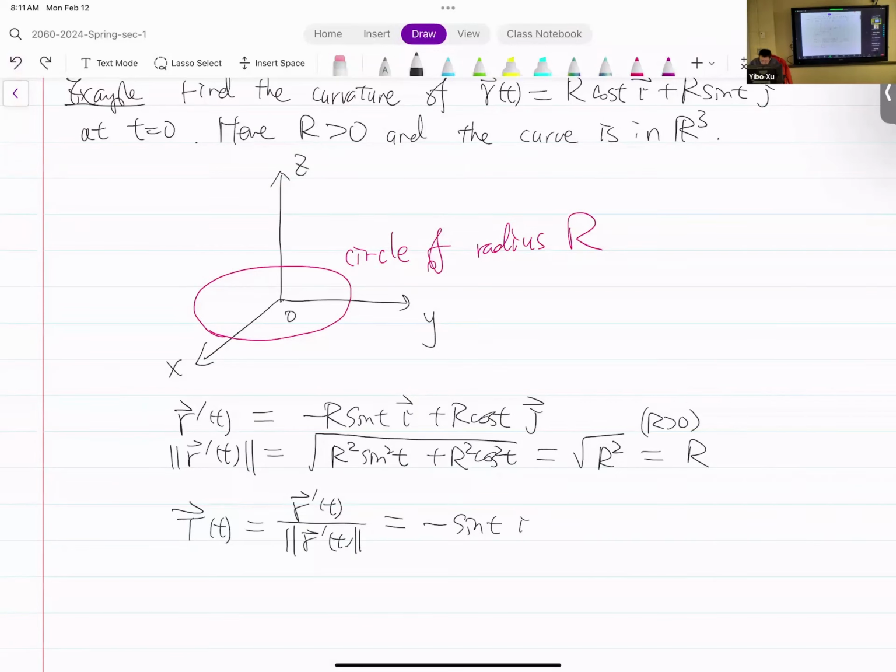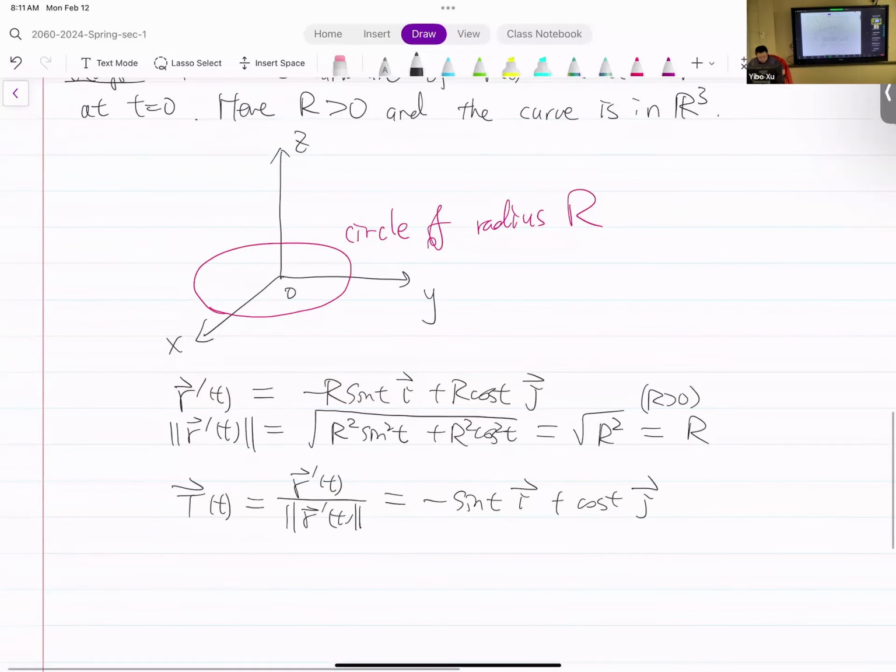So just negative sine t i plus cosine t j. And we see this is definitely a unit vector because the components squared give you 1 by the Pythagorean theorem. Then we just need to calculate the derivative of this for the numerator of the curvature.